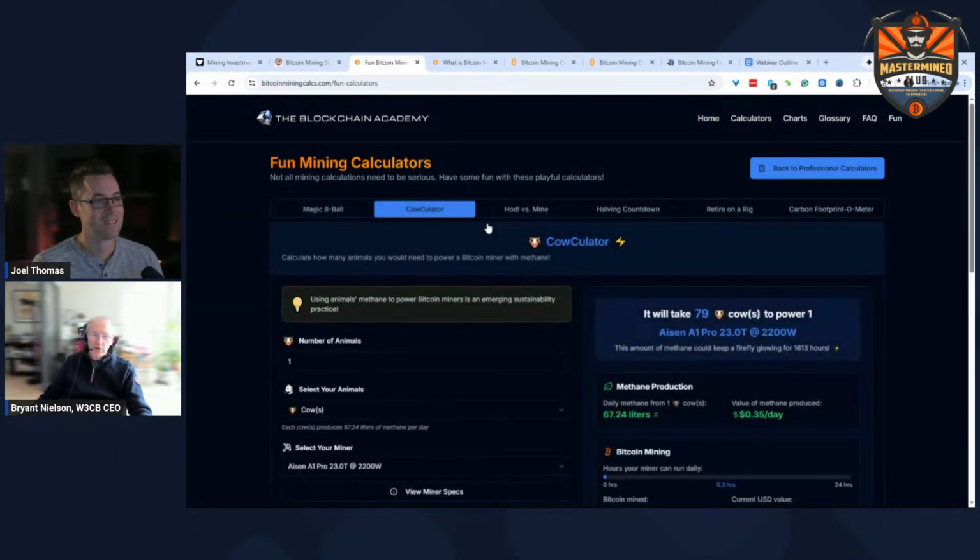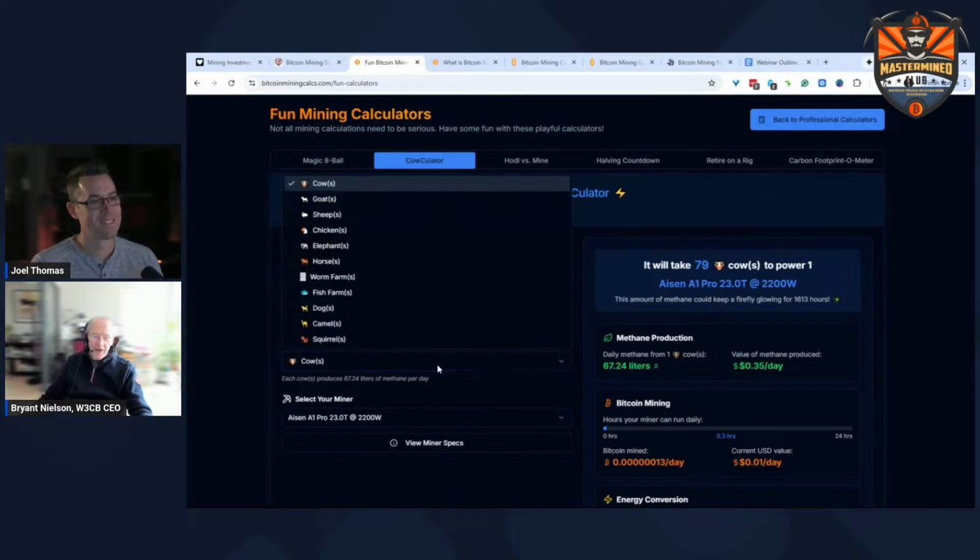Another calculator, which I stole from Scott because I thought he did a great job of it, asks: if you were using the methane power of a cow, how many cows would it take to run your machine? You have a number of different animals to choose from: cows, sheep, chickens, elephants, horses, even worm farms and fish farms.